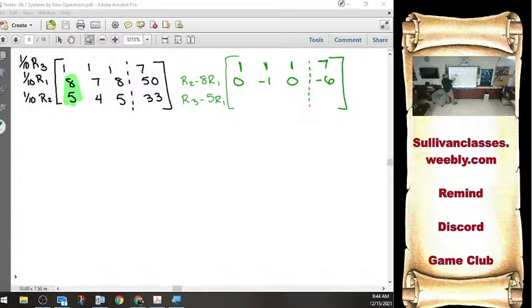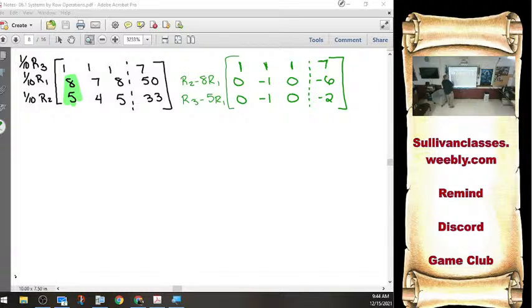Take this times negative 5 and add it, across the row. Huh. Wait a minute. Witchcraft.